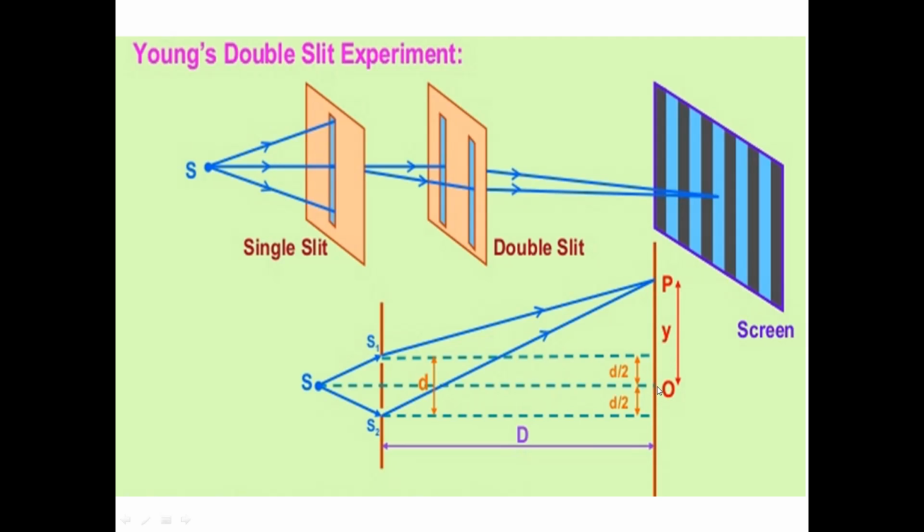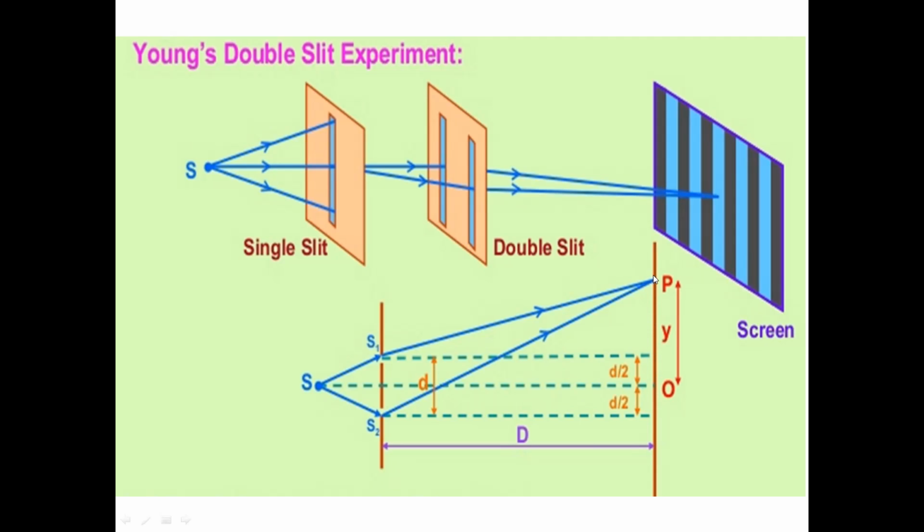If you consider the point O, the waves from S1 and S2 travel equal distances to reach the point O. That is, S1O is equal to S2O. So there is no path difference or phase difference. So the intensity will be maximum.